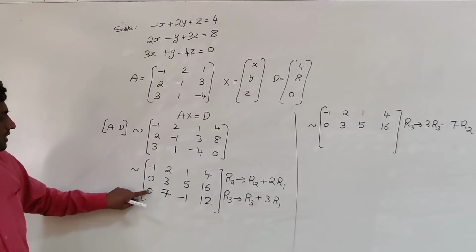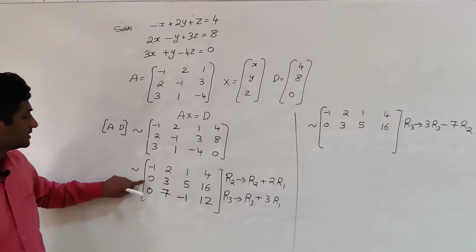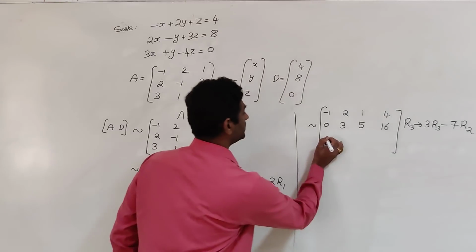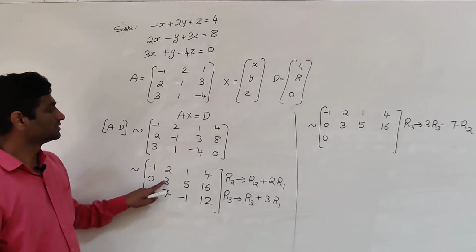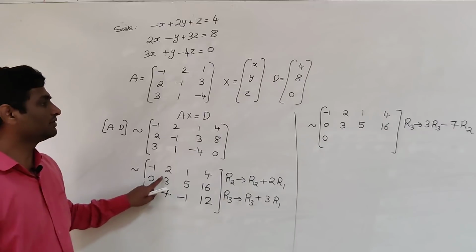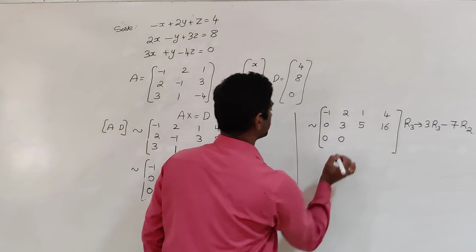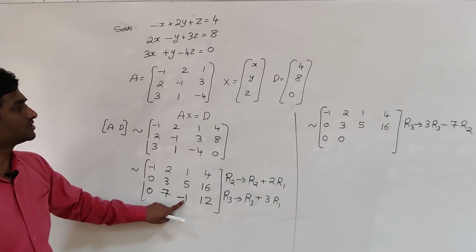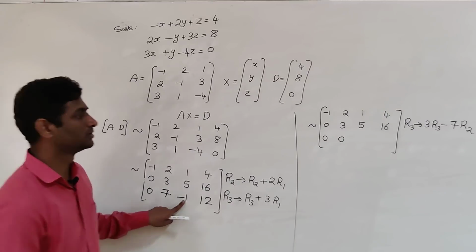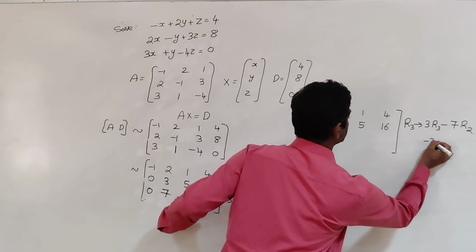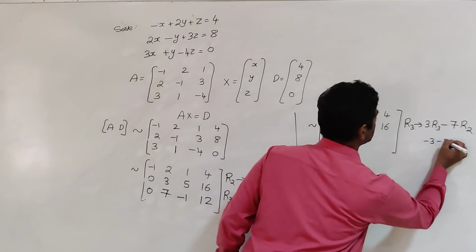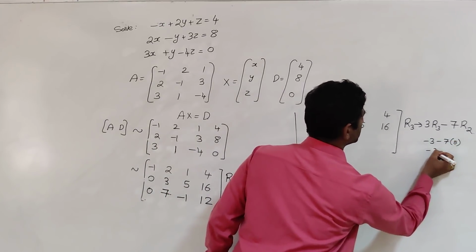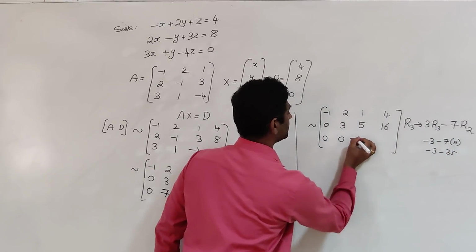Next, 3 times 0 minus 7 times 0 is again 0. 3 times 7 minus 7 times 3, 21 minus 21, 0. Next, 3 times -1 means -3, minus 7 times 5, so -3 minus 35, it will be -38.